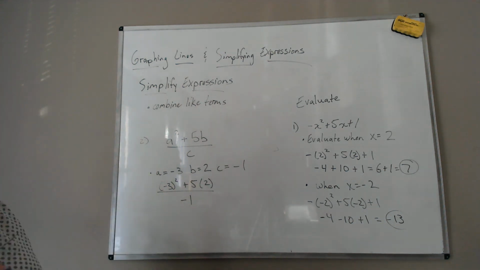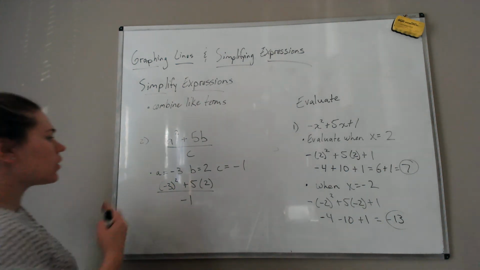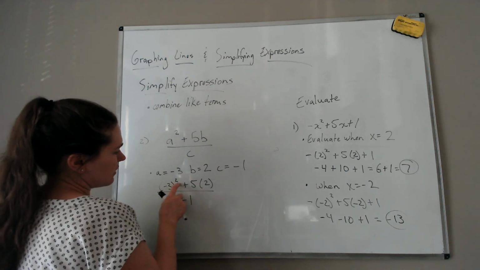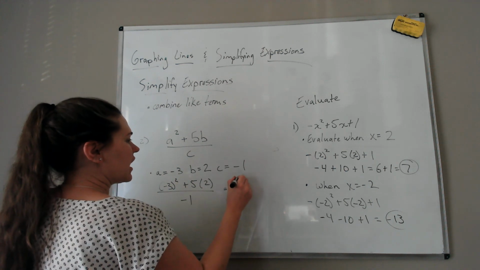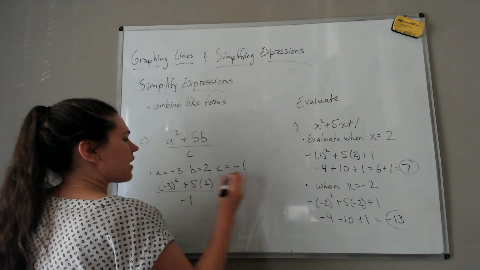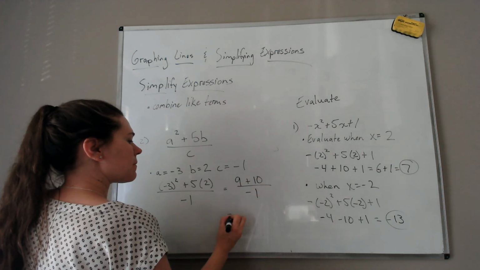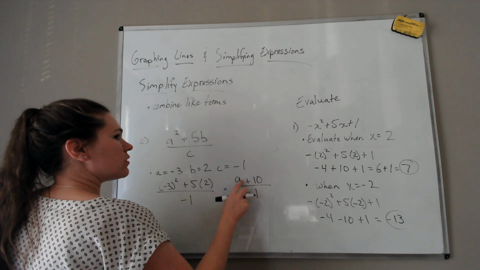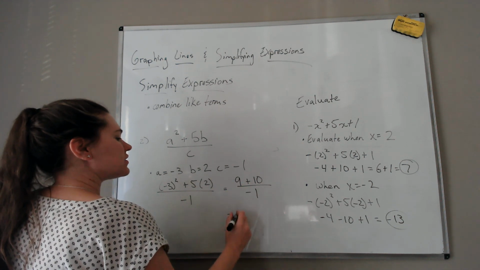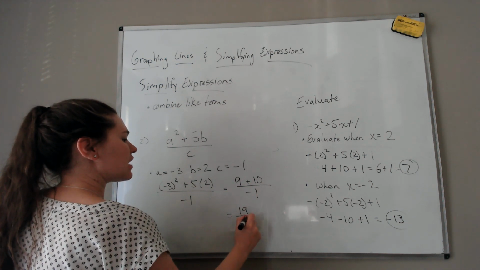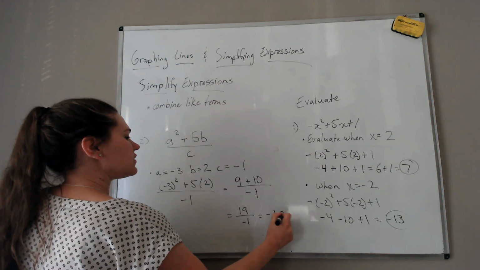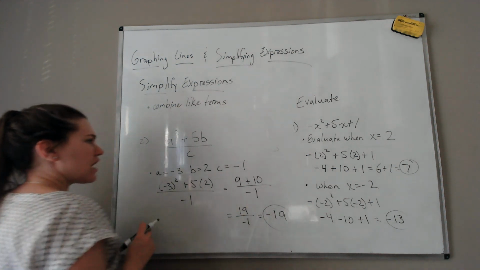Remember, you have to follow your order of operations. So first thing, exponents here, negative 3 squared, that's going to give us positive 9. 5 times 2, that's going to give us 10, all over negative 1. Do the numerator, 9 plus 10, 19 over negative 1. That simplifies to be the value of negative 19.